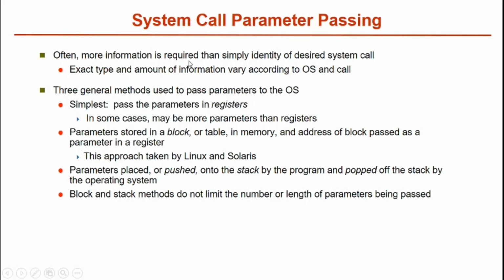More information is required than simply identifying a system call. The exact type and amount of information vary according to the operating system and call. Three general methods are used to pass parameters to the operating system.